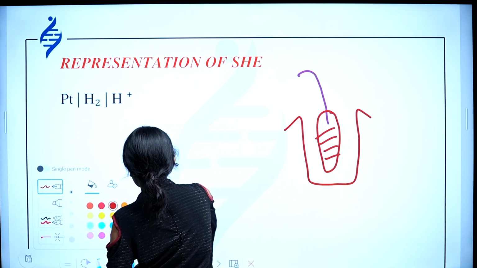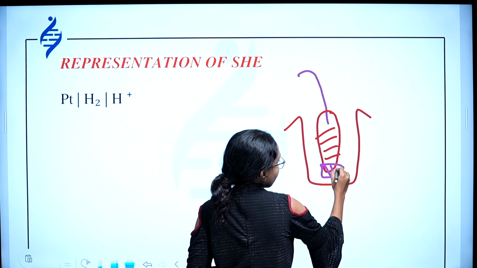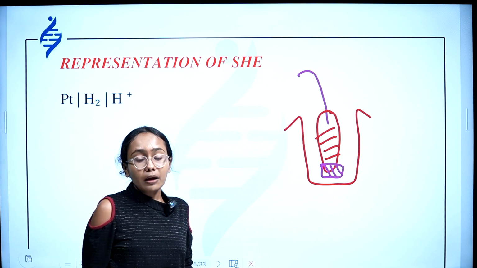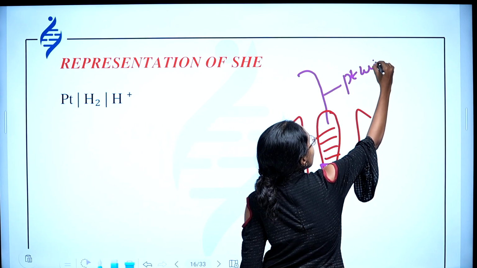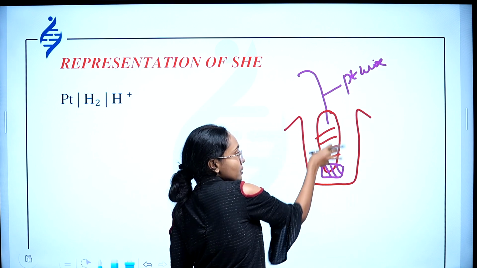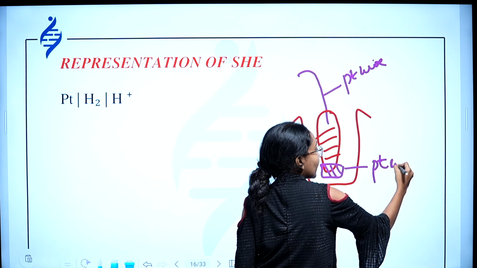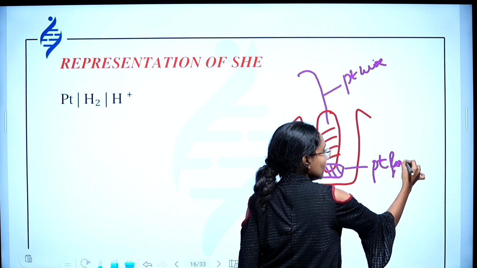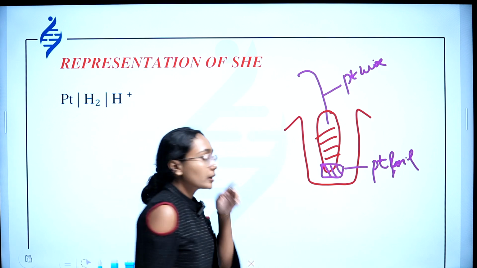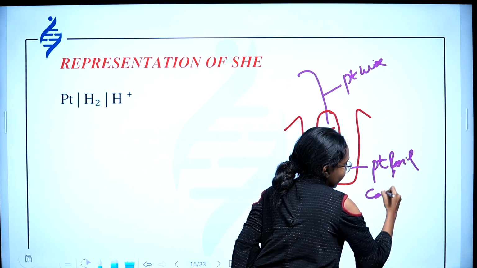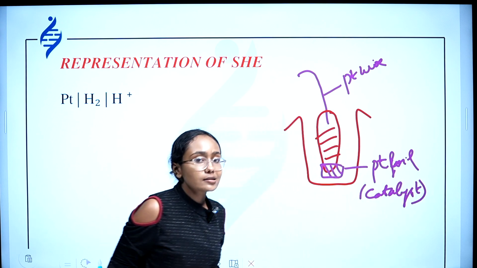At the end of the glass tube we have a platinum foil. This is a platinum wire, this is a glass tube, and this is a platinum foil coated with platinum black. This platinum foil is acting as a catalyst here.